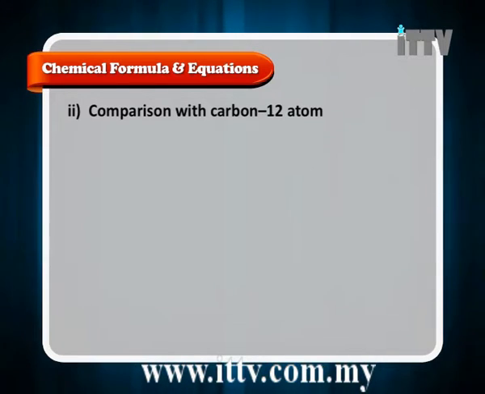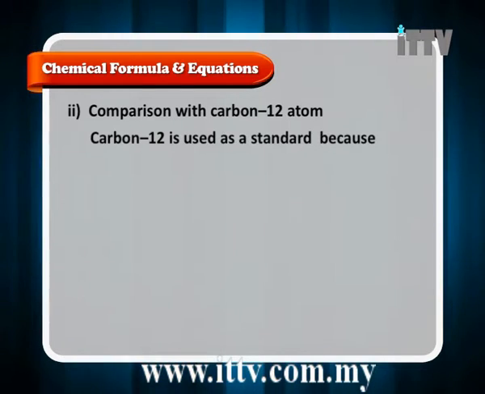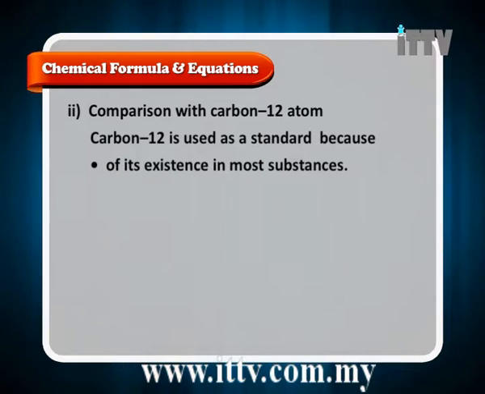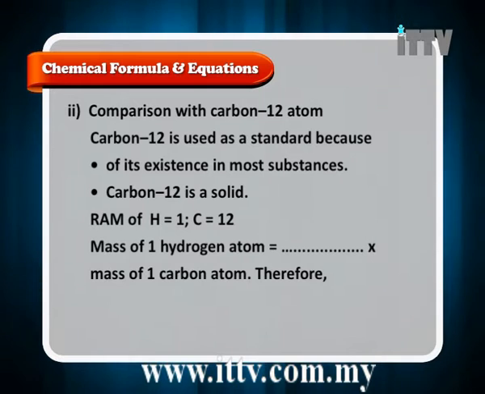2. Comparison with the carbon-12 atom. Carbon-12 is used as a standard because of its existence in most substances. Carbon-12 is a solid. RAM of hydrogen 1, carbon 12. The mass of one hydrogen atom equals 1/12 times the mass of one carbon atom.